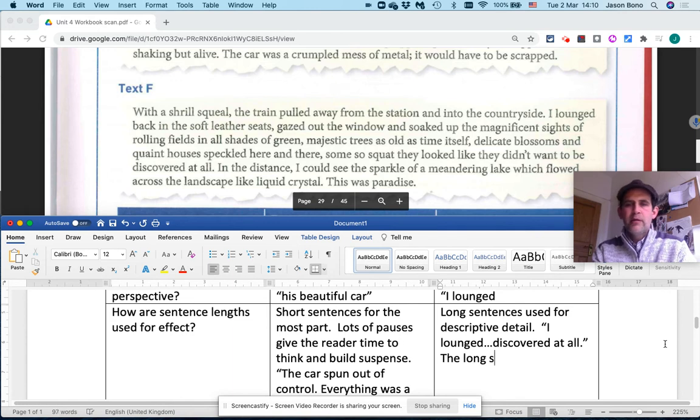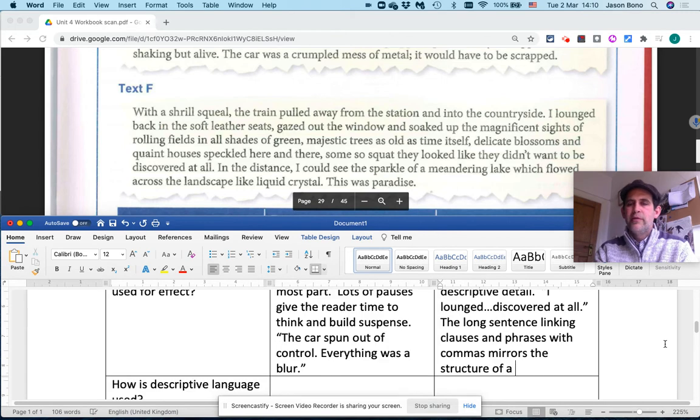Long sentence, linking clauses and phrases with commas mirrors the structure of a train. Now, that's not something I would expect you to write, but I'm just adding it to push your thinking about structure and how it's used.